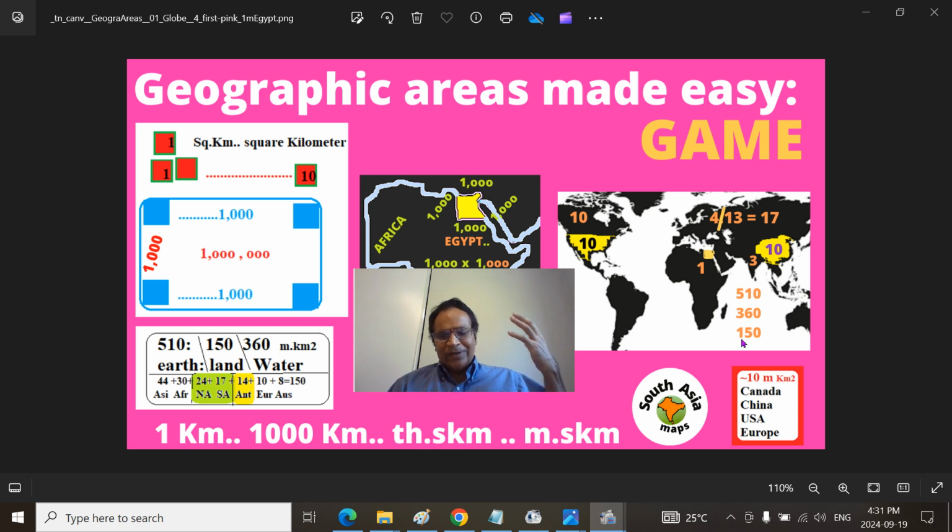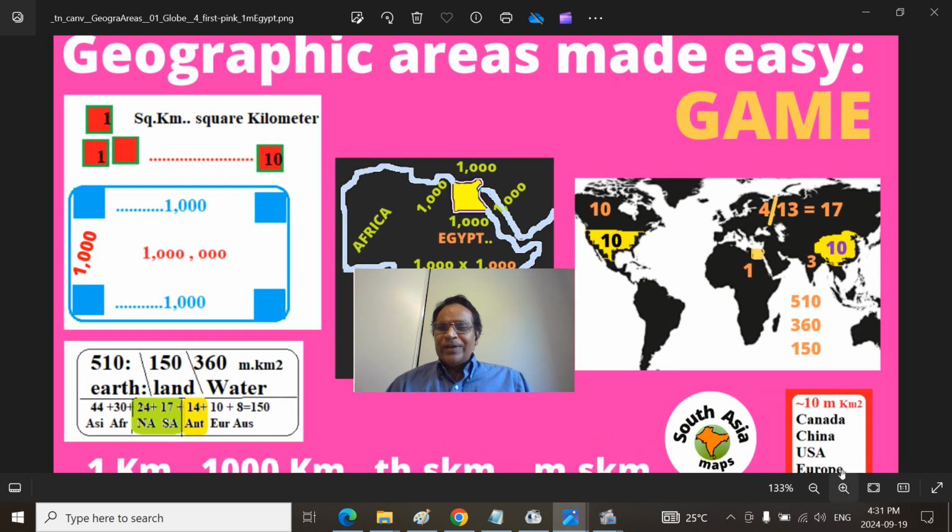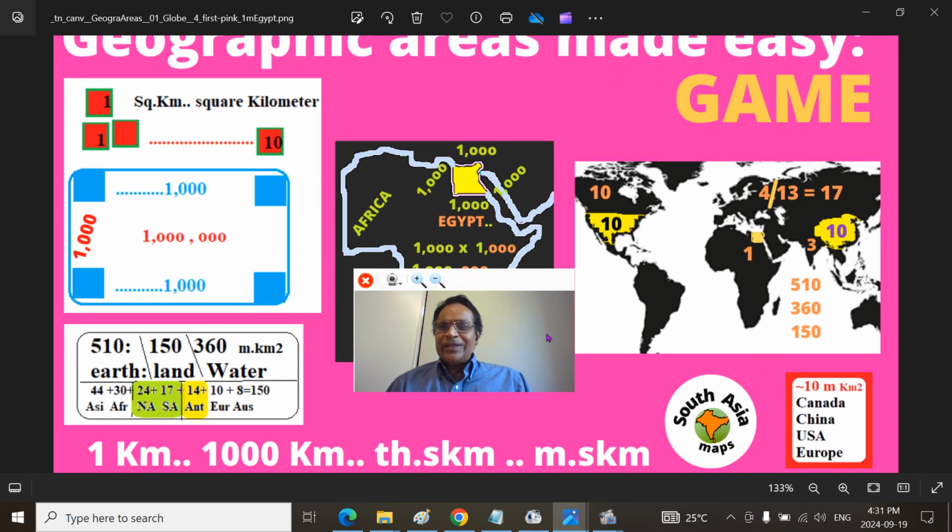These are very big continents, right? There are 4 political units in the world: Canada, China, United States, and Europe west of the Ural Mountains, that have about 10 units, 10 million square kilometers. Keep that in mind.